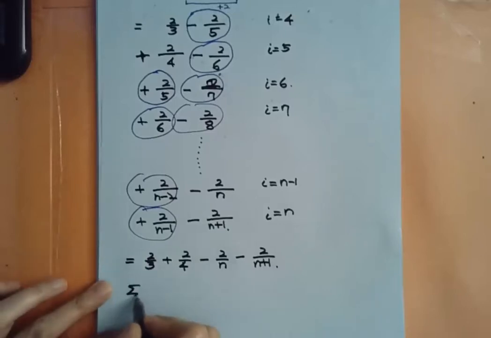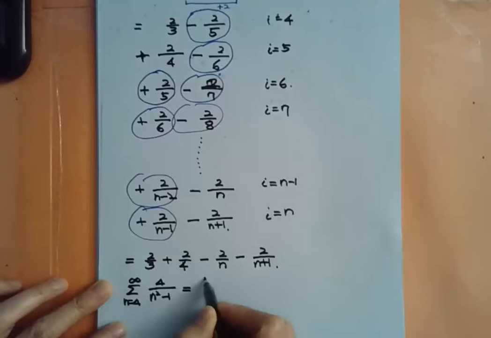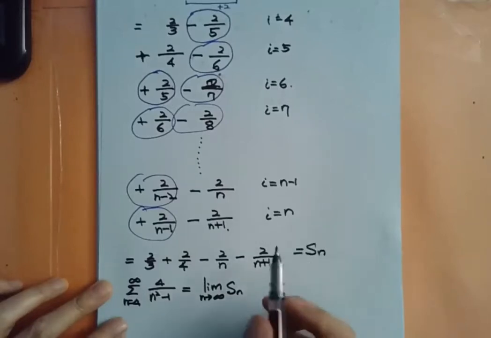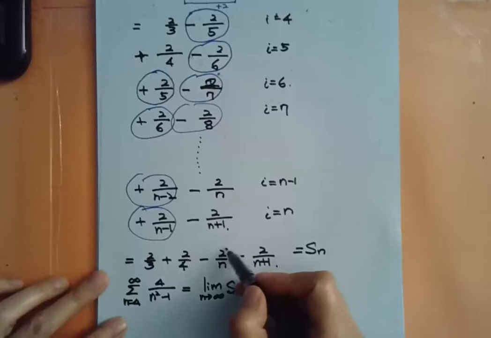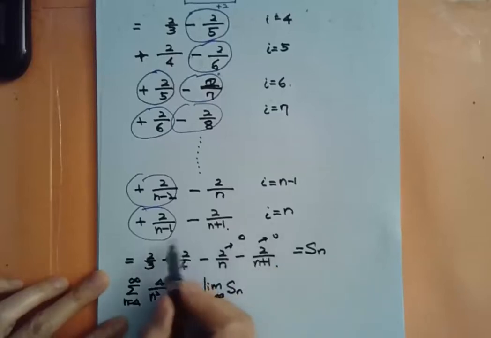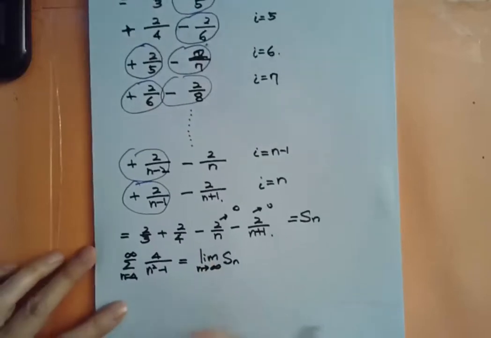So the summation from n equals 4 to infinity of 4 over n squared minus 1 is the limit as n goes to infinity of S_n. So this was indeed the nth partial sum. And we realized the last two terms will go to 0, so we only have to add the first two terms to get the final answer.